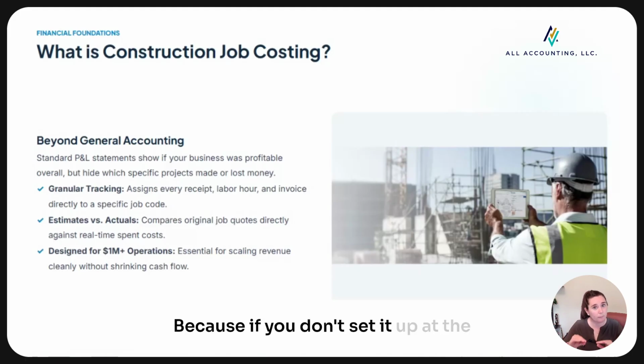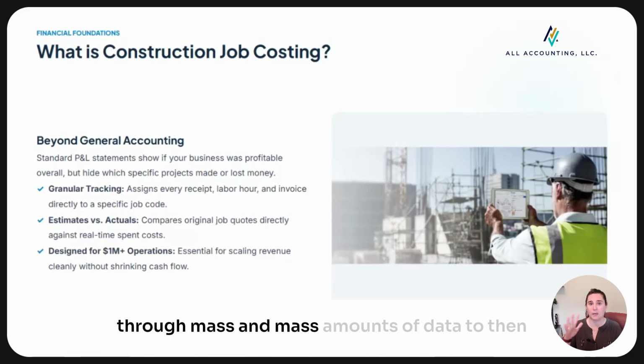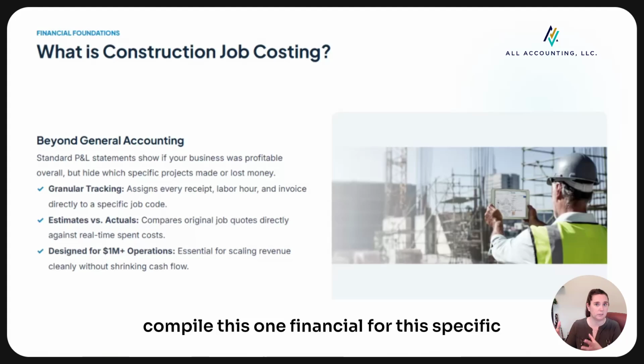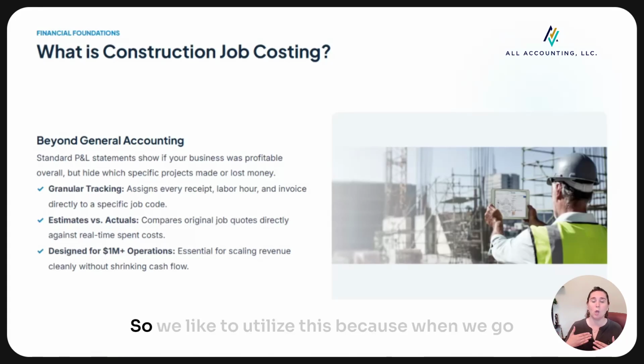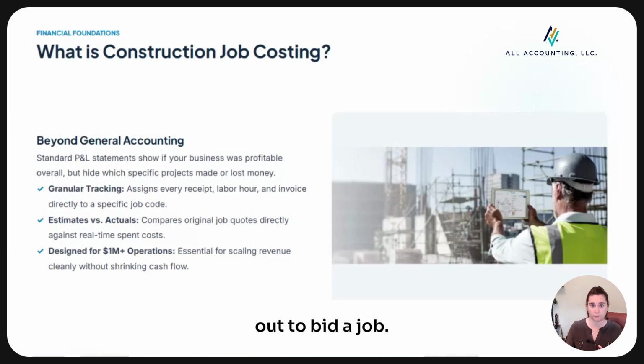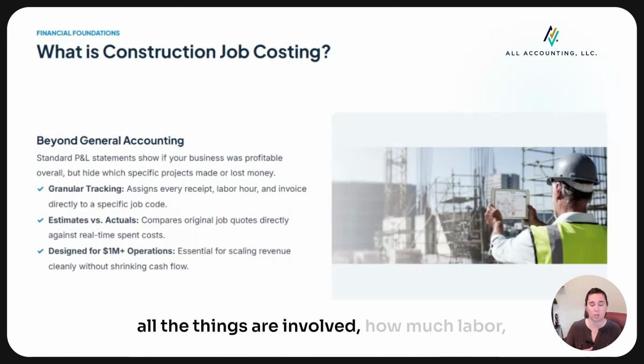If you don't set it up at the beginning, you end up going through mass amounts of data to compile the financials for this specific job or product. We like to utilize job costing because when we go out to bid a job, we have a grand idea of what it should cost: how much labor, what the time is, and all of the material.